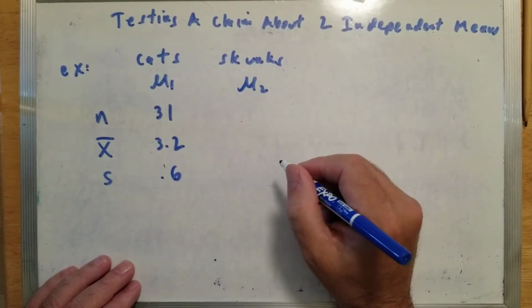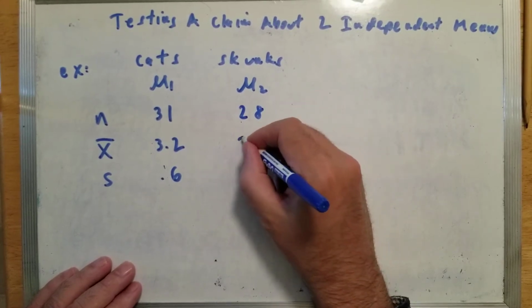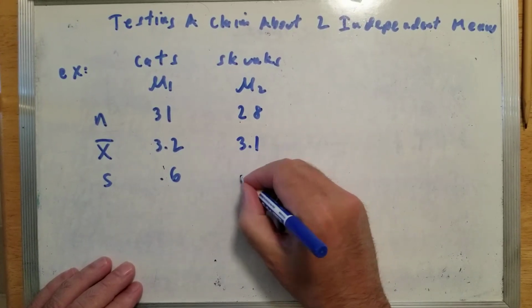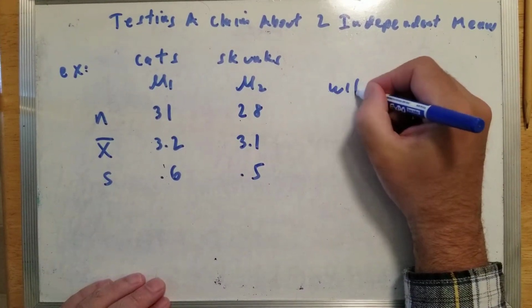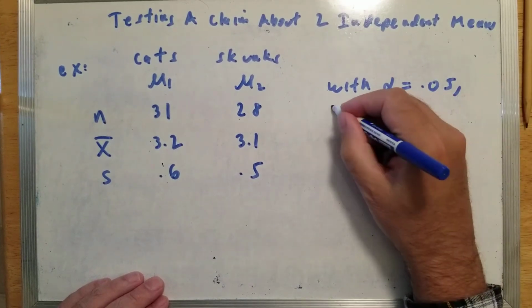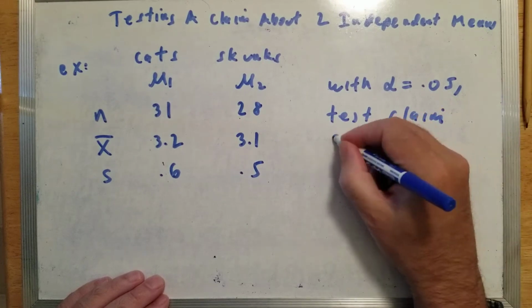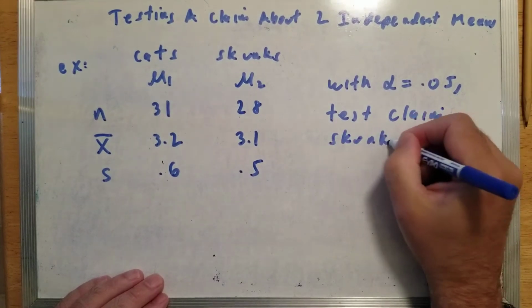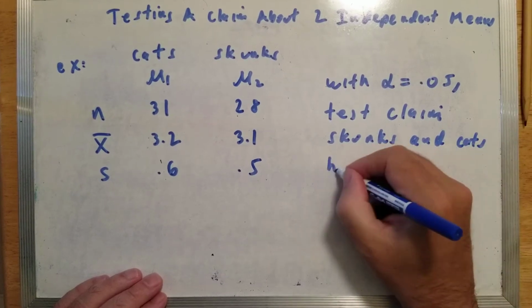For the skunks, a sample size of 28, a mean height of 3.1, and a standard deviation of 0.5. Now here's the question. With alpha, significance, equals 0.05, test the claim: skunks and cats have the same height.